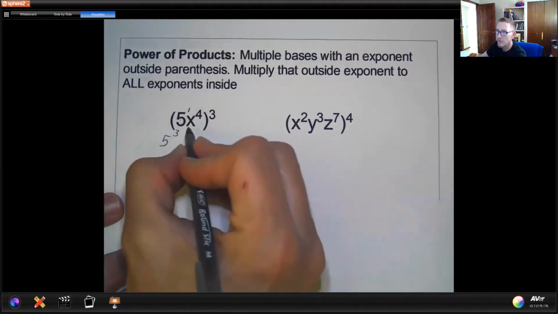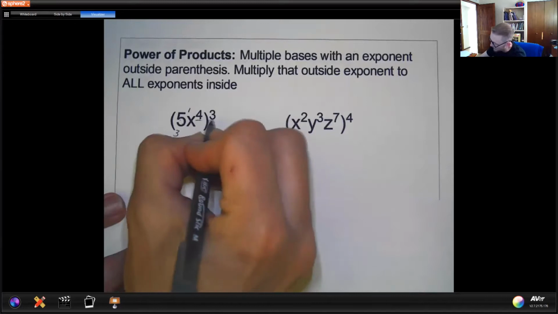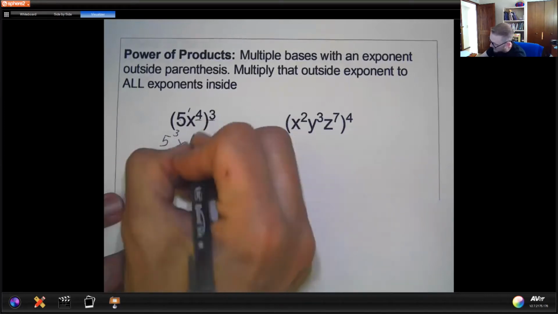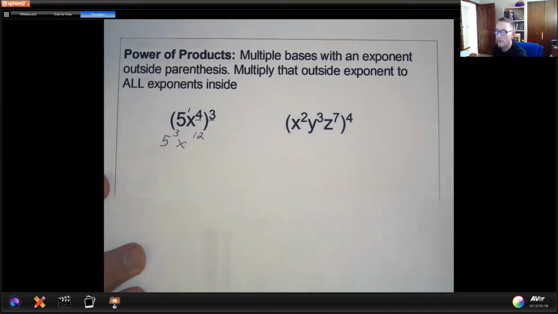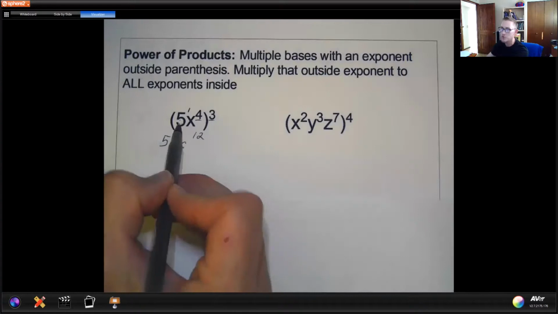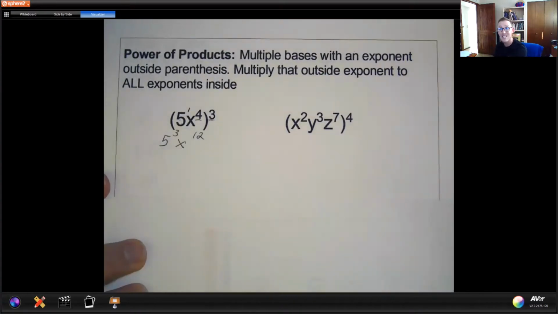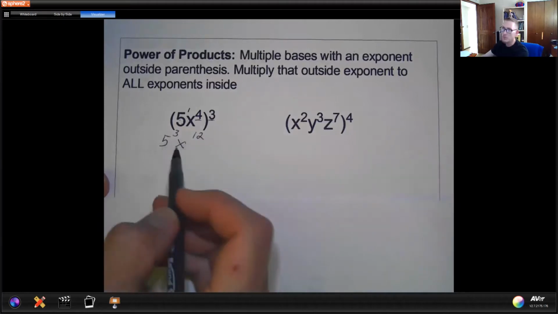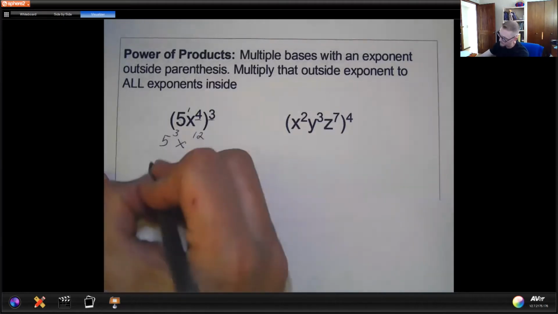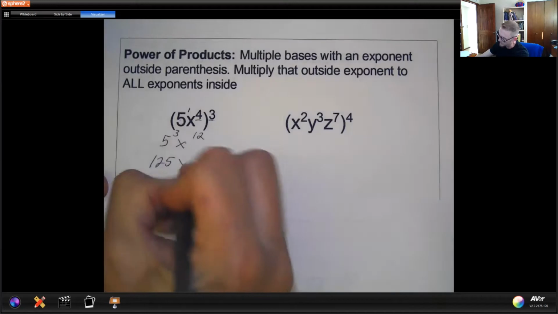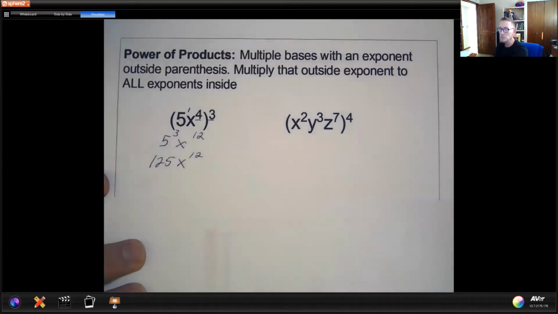And the x to the 4th and the 3 that's on the outside makes that x to the 12th power. Remember, exponents inside and outside, we multiply, but I have to remember that this 3 is also going to go to the big 5 because it's in the parenthesis. So I'll now do 5 to the 3rd power. So 5 times 5 times 5 is 125, x to the 12th power.